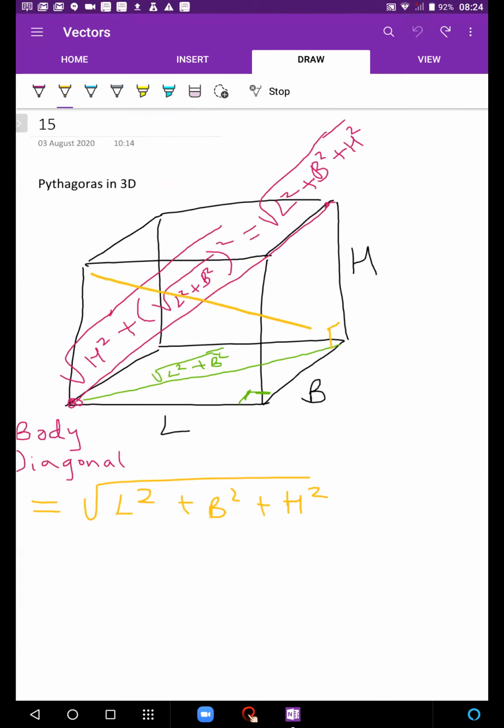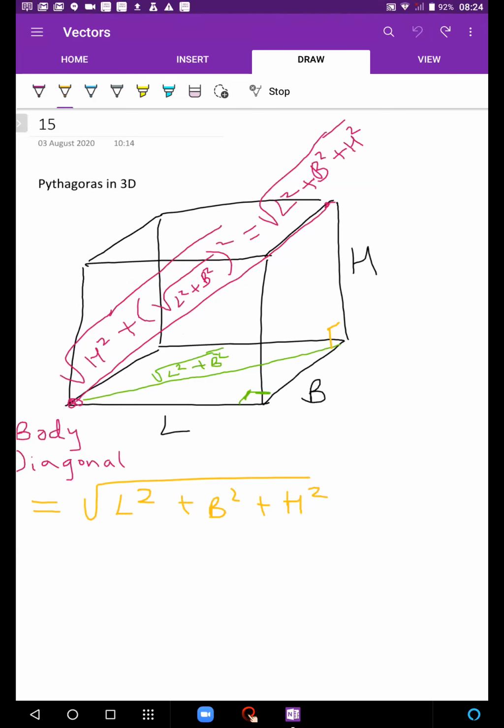This is another body diagonal. This is another one. There are 4 body diagonals. Okay.